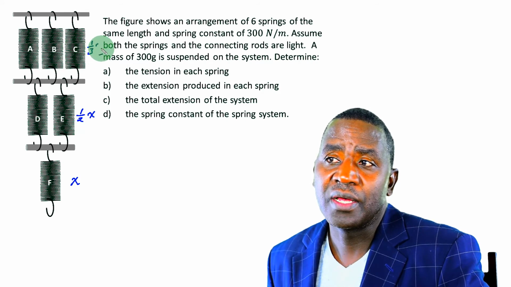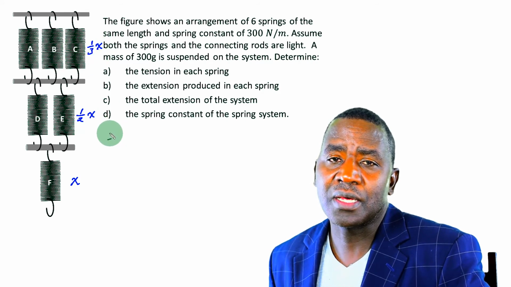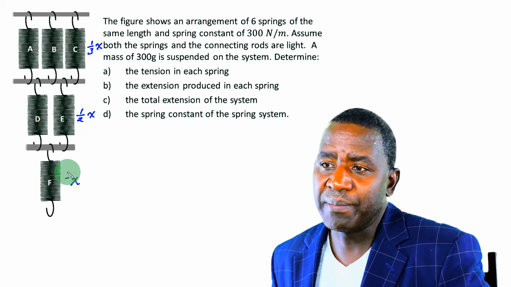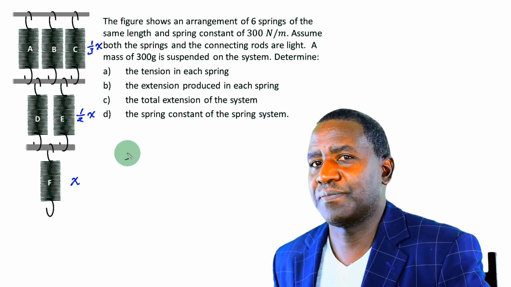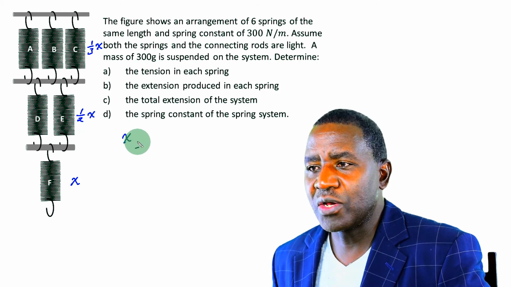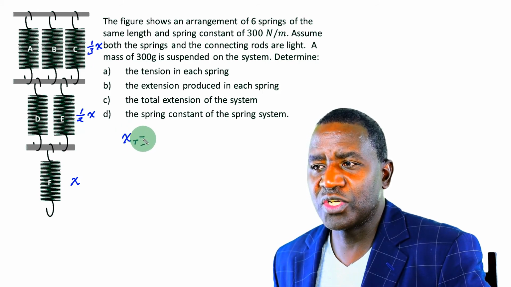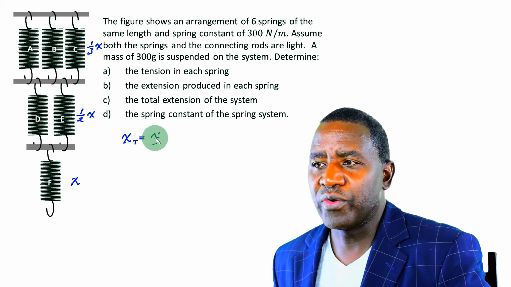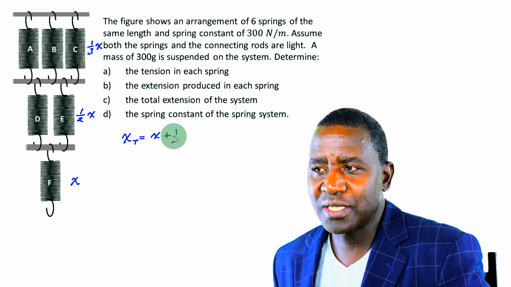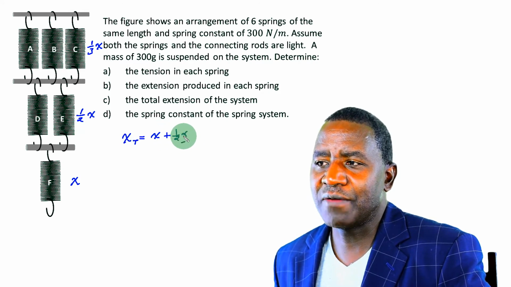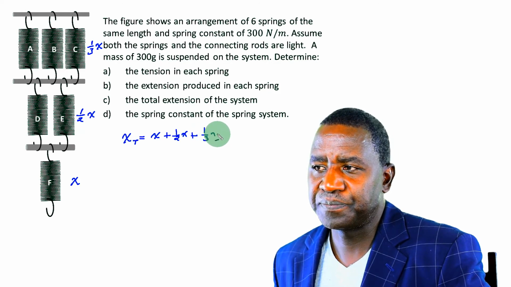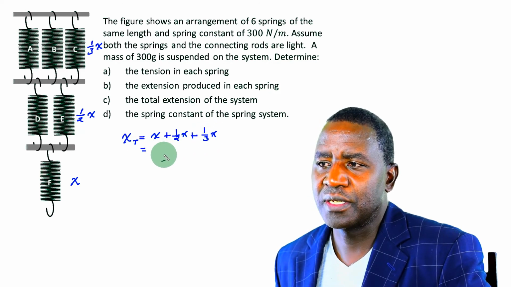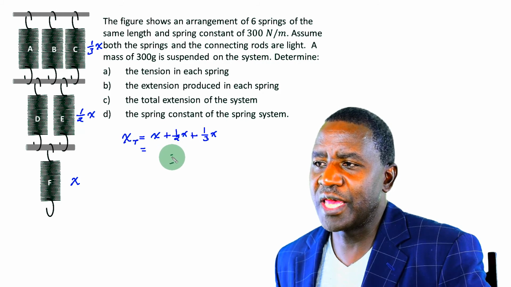So here, I'm going to get a third of x. Remember, I'm basing it on the fact that the extension here is x. When we add all these extensions in order to get the total extension, we are going to get 1x plus a half x plus a third x. This is what gives us the LCM of 3.